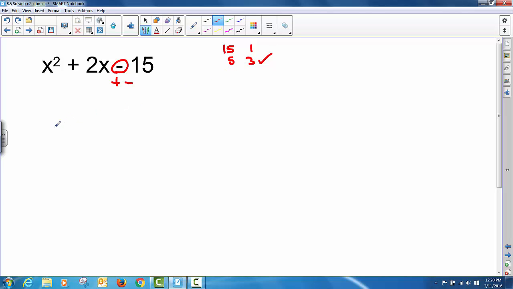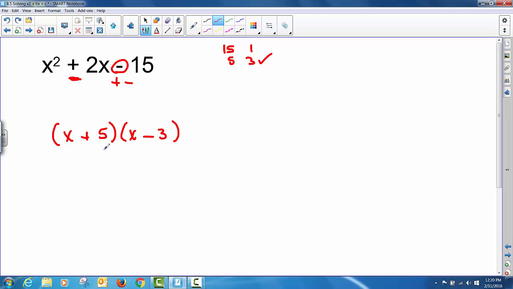So we come over here and we put down x and 5 and 3. The only question is which one gets the positive and which one gets the negative. That's when we come back up here and we look at this. The sign in front of the number tells you that the bigger number is going to be positive. If this is a positive, then the bigger number is going to be positive.